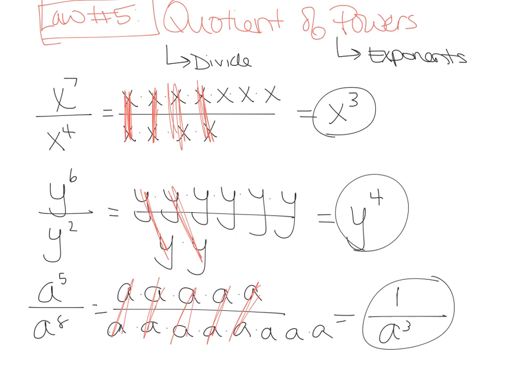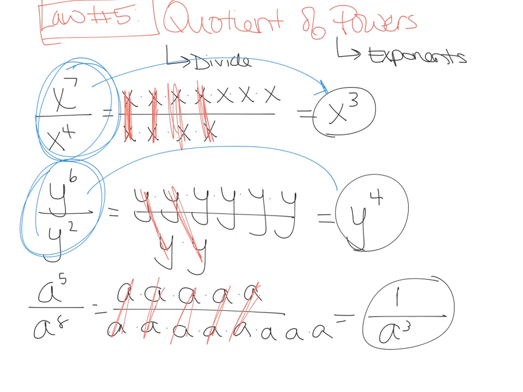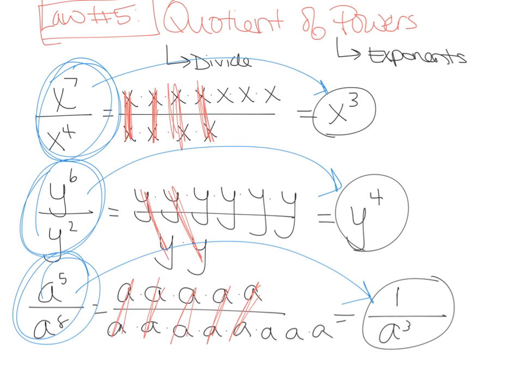So obviously, I don't want to have to do this every time. I want my cheat from here to here, and here to here, and here to there. So what's my cheat? What's my rule? Well, subtract your exponents. 7 minus 4 is 3. 6 minus 2 is 4. 8 minus 5 is 3.